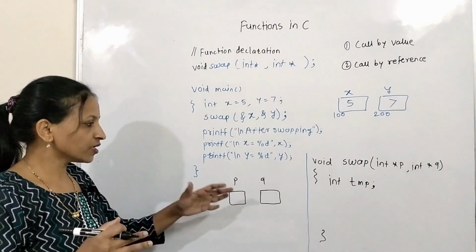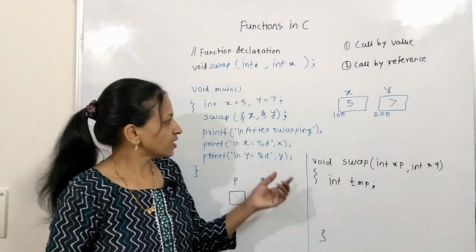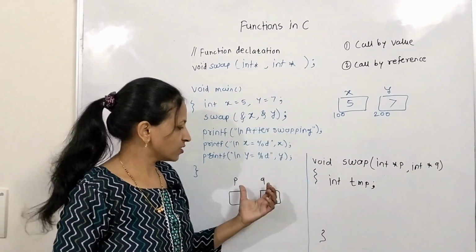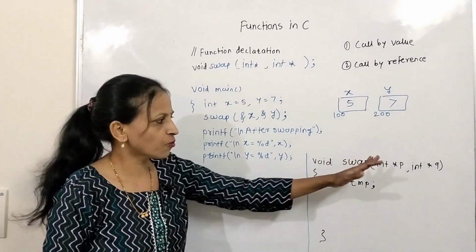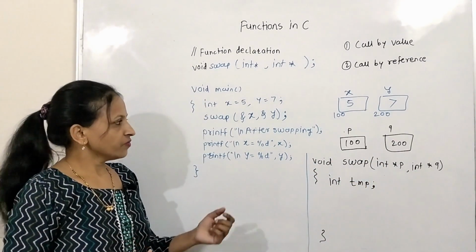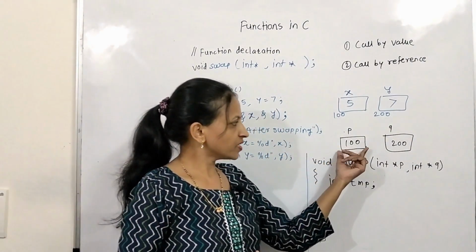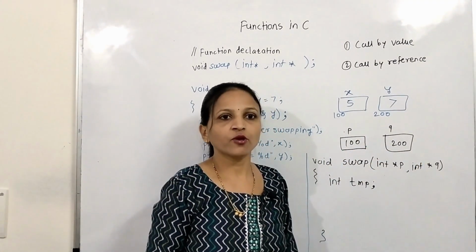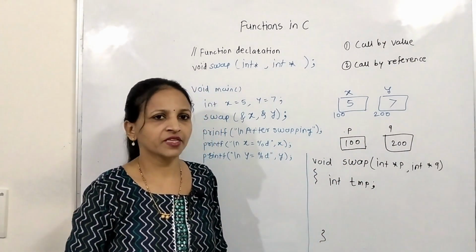They are pointer variables and are capable of holding addresses. That's why whatever we are passing, address of x and address of y, can be stored inside p and q very easily, because these are pointer variables. Those addresses will get copied inside p and q, no problem will be there.